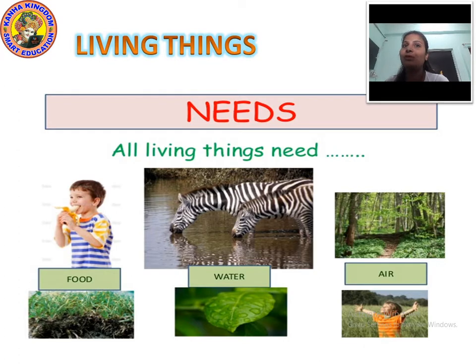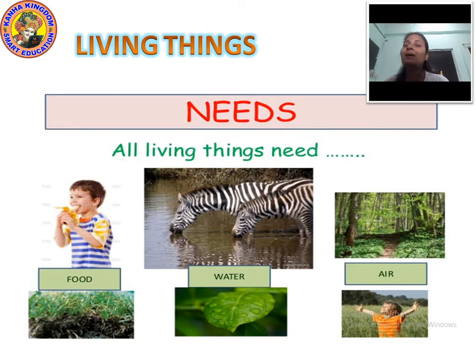I have told you, right? Without food, without water and without air, a living thing can die. So living things need food, water and air to live.